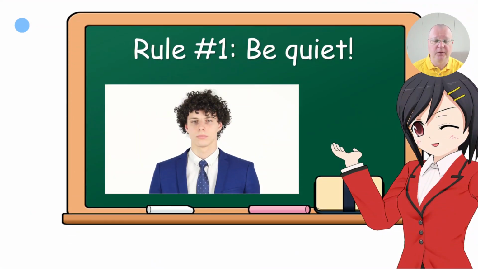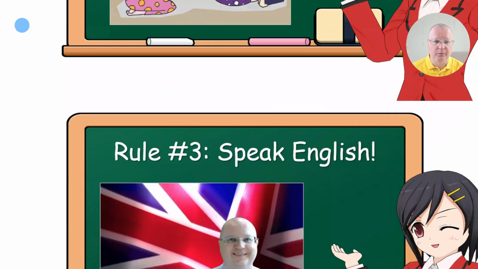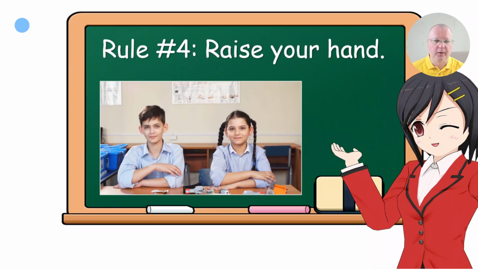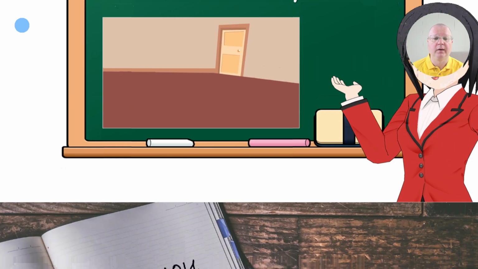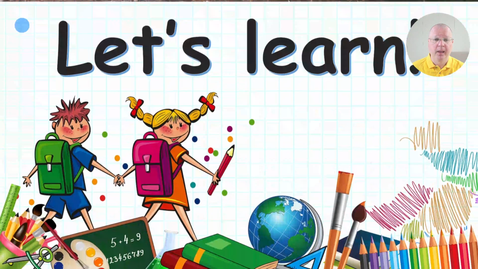I'm going to skip this part here, but it's important that you go through the class rules and do some sort of a warm-up routine in your class. Then make sure that your students have pencils and notebooks ready. This lesson is designed for grade 6, so it's important that they take notes.